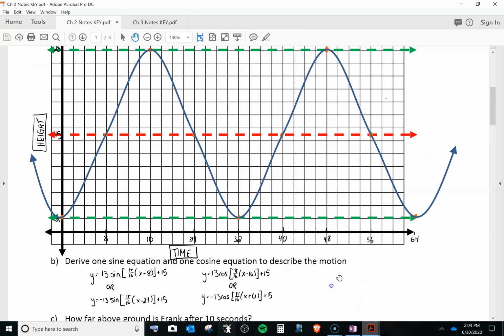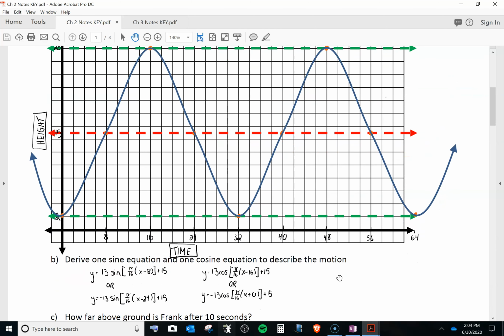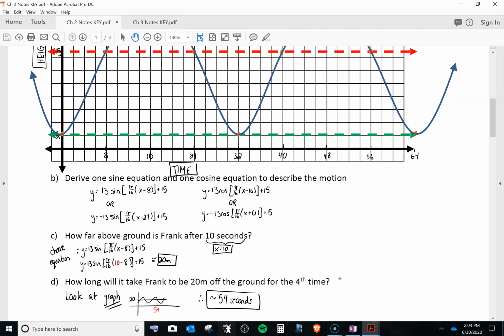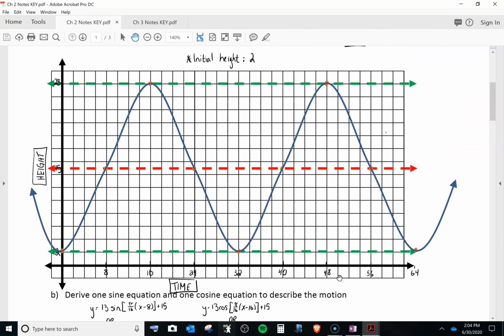Now I do have a drawing of this that I did here. So at 10 seconds, I actually put it into the equation. I chose an equation and I plugged in 10, and you got, look, 20. But if you look at the drawing, if you did a really nice drawing like this one is, you go up to 10 to here and over, that gets you 16, 18, so 15, 16, 17, 18, gives you around 19.